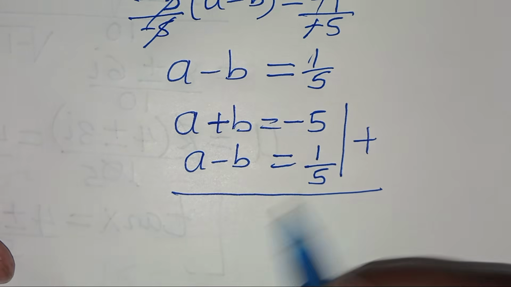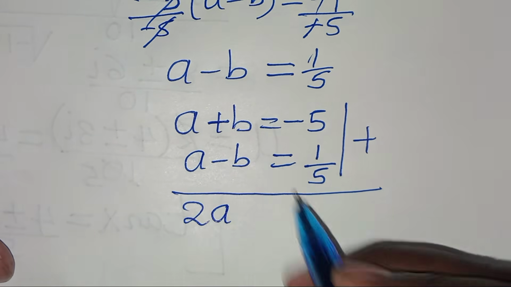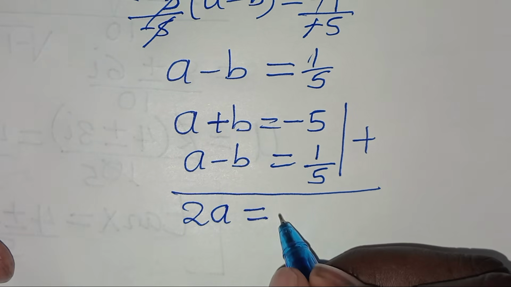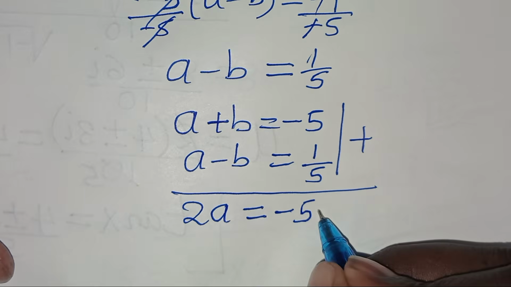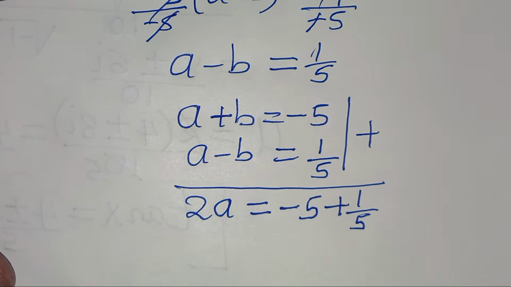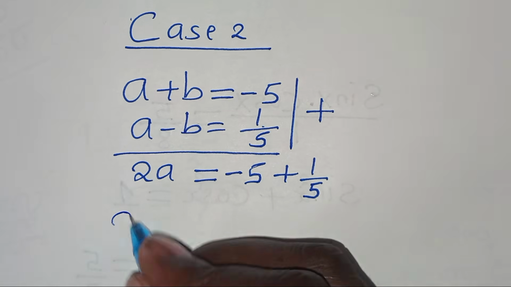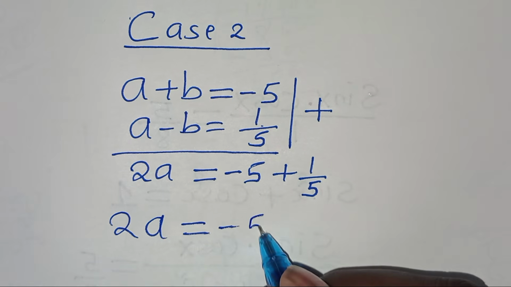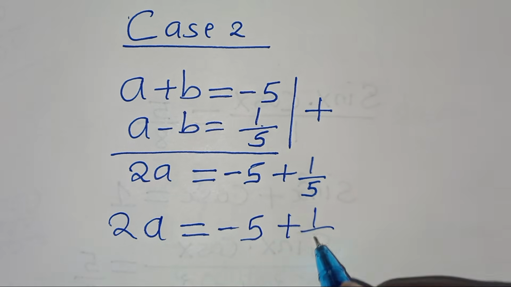So we have a plus a, this is 2a. Then we have plus b plus minus b, this simplifies, so that we have here negative 5 plus 1 over 5. Now we have that 2a is equal to negative 5 plus 1 over 5.